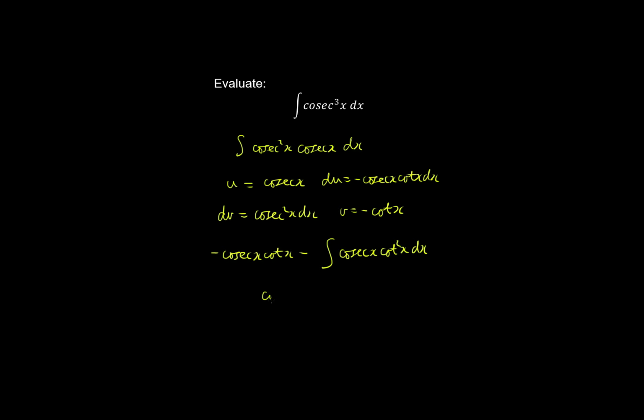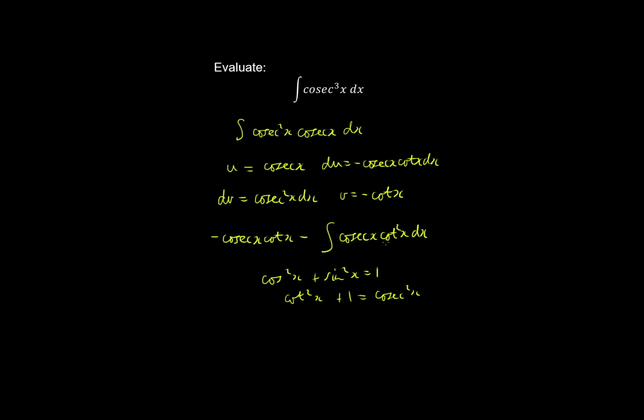And now we can apply our trig identity. So if we divide through by sine squared x, what we get is the cotangent squared x plus 1 is equal to cosec squared x. And now we can make our substitution for cotangent squared x.